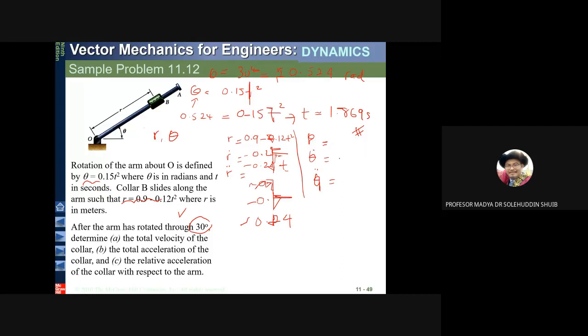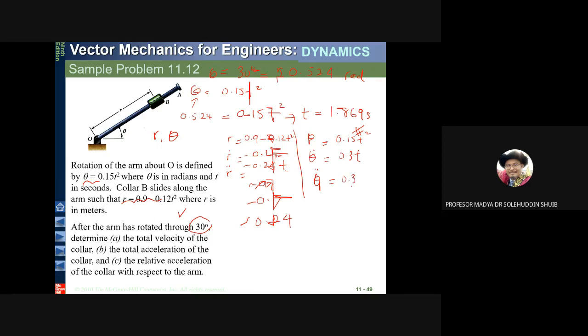You haven't multiplied by the value 1.869 yet. So you have 0.15 t square, and then you differentiate, you get 0.3 t, and then you get 0.3.